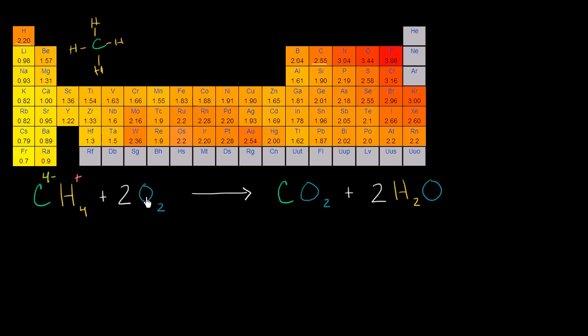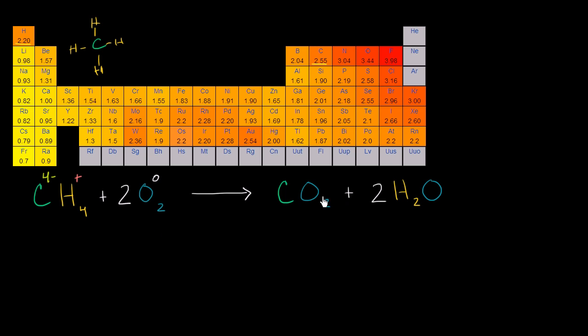Well, we'll assume that these oxygens are created equal, that they're not different isotopes or anything like that. And so there's no reason why one oxygen would hog any electrons from the other oxygen. And so when it's in this molecular oxygen form, it has an oxidation state of 0, or an oxidation number of 0.